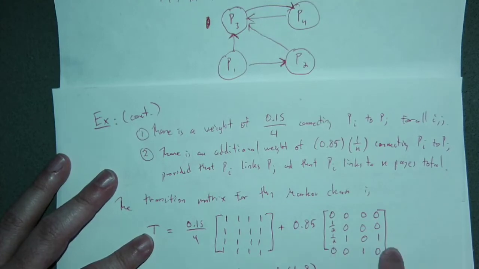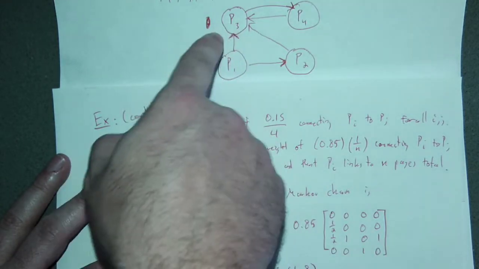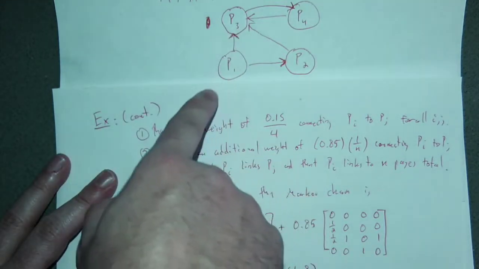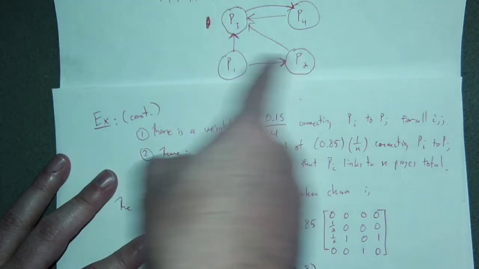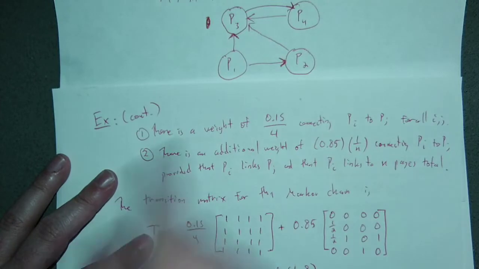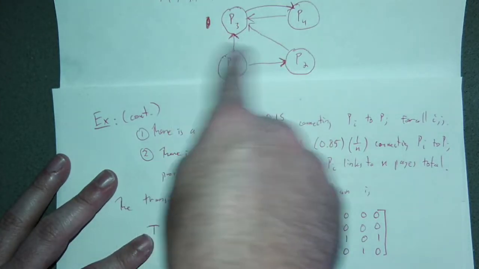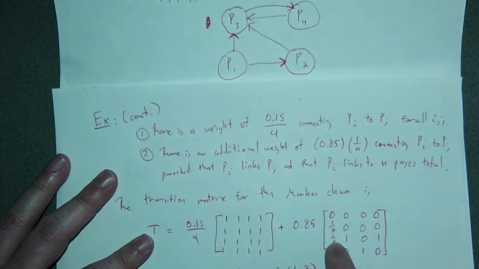Just refreshing your memory, if I look at row 3, page 3 gets linked to 3 times. It gets linked to by page 1. As we saw before, page 1 also links to page 2, so there are 2 possible links from page 1, 2 total, and only one of those goes to page 3, so that's 1/2.